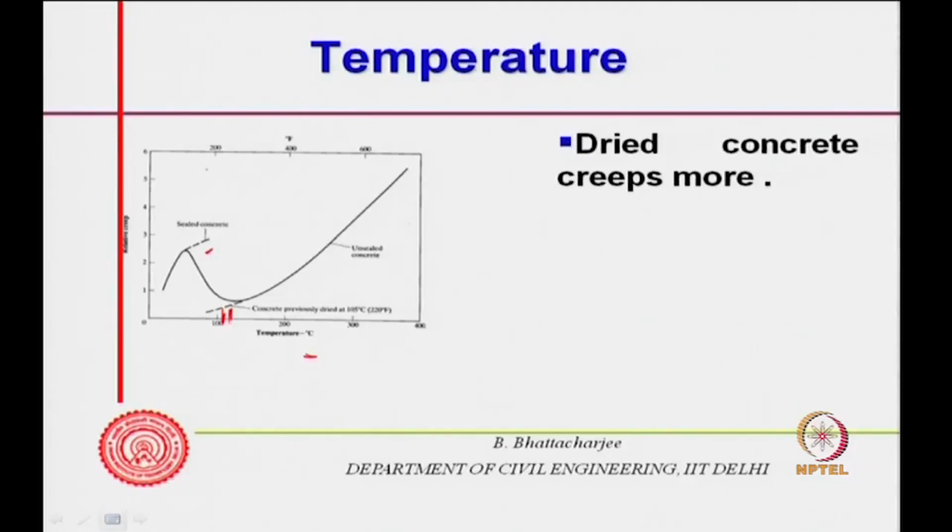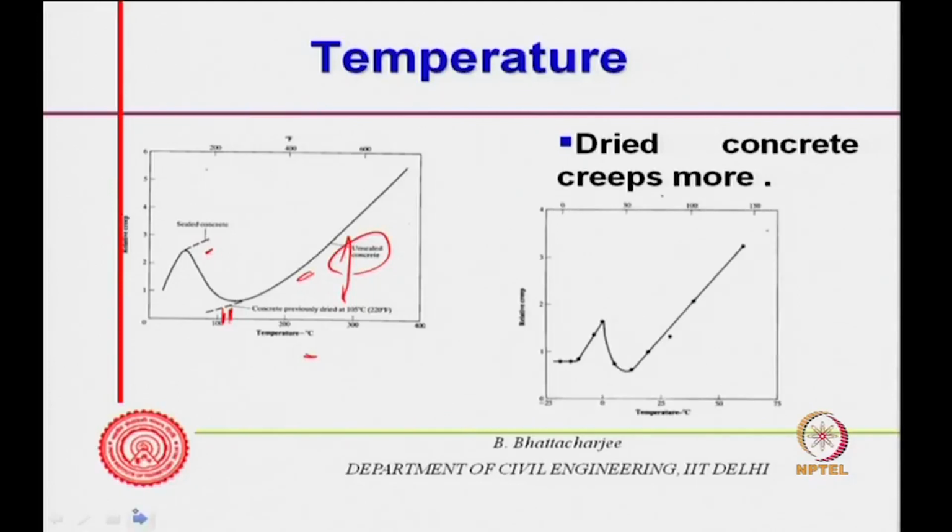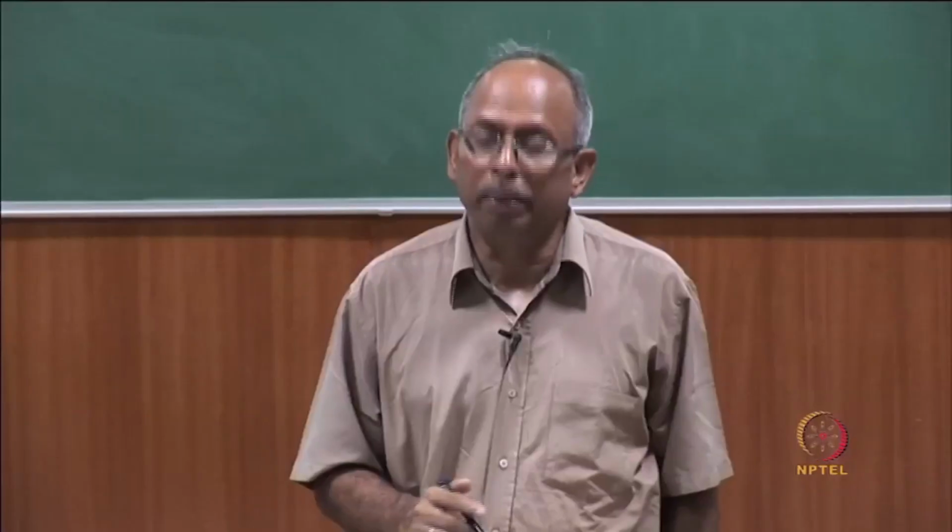So, dried concrete relatively, but if you have dried to 500 degrees centigrade or so, 300 degrees centigrade, unsealed concrete, then obviously, creep seems to be more, and this is also the case. So, relative creep tends to increase at 0 to 75 degrees centigrade and higher. So, higher temperature, since it is related to moisture movement, this is what is happening.